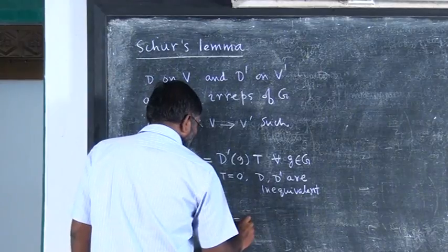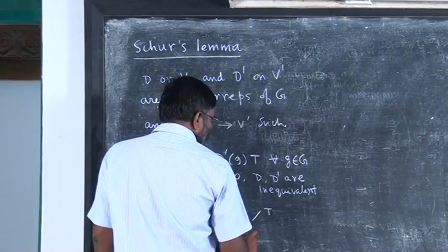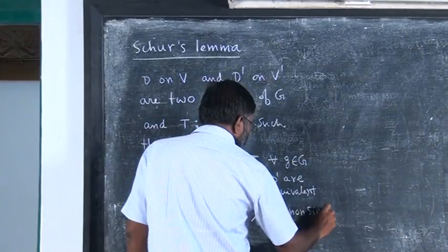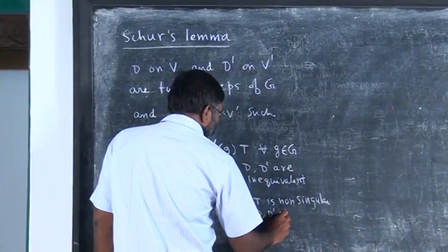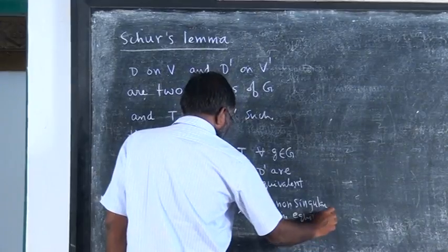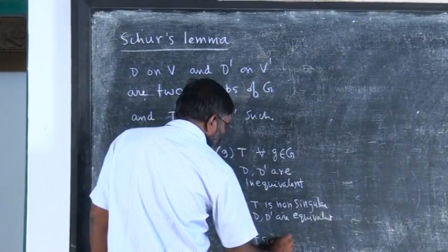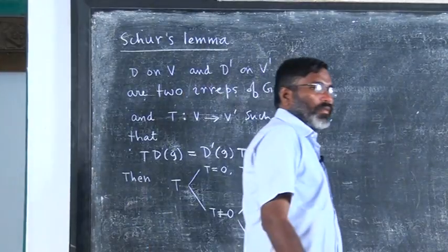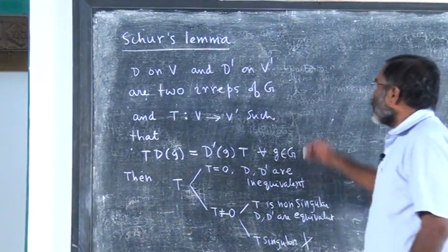Or T is non-zero, T is non-singular, and D, D prime are equivalent. And T singular, such a possibility never arises if T is defined in this fashion. So this is Schur's lemma.